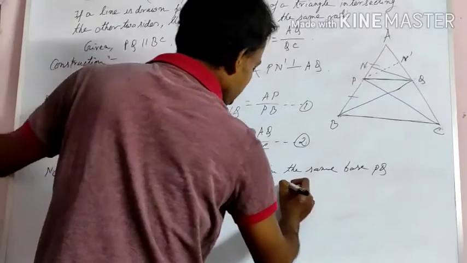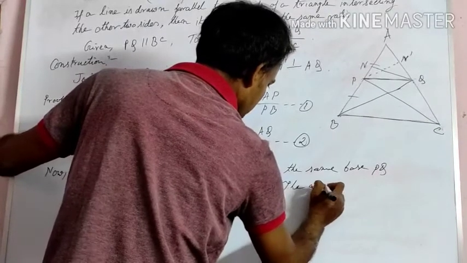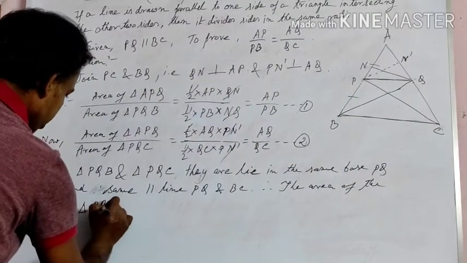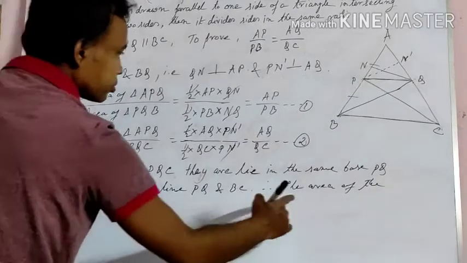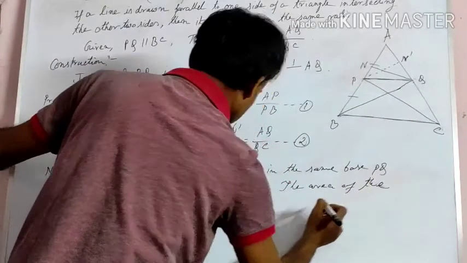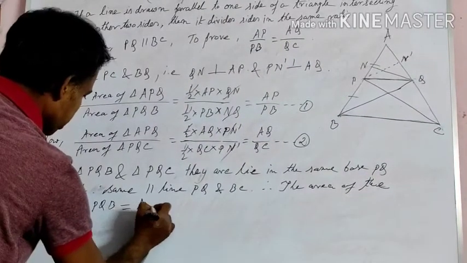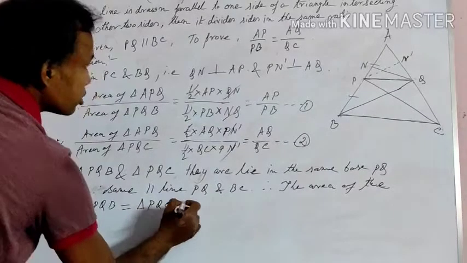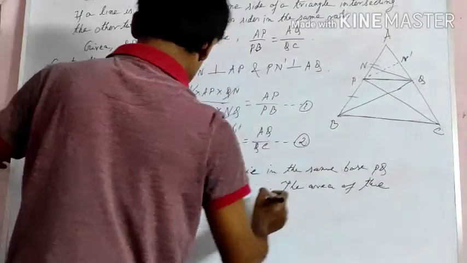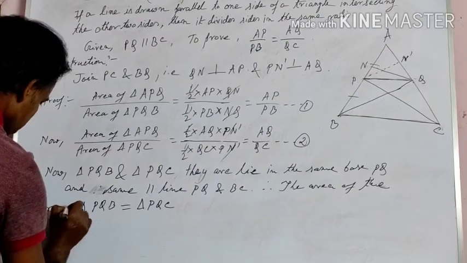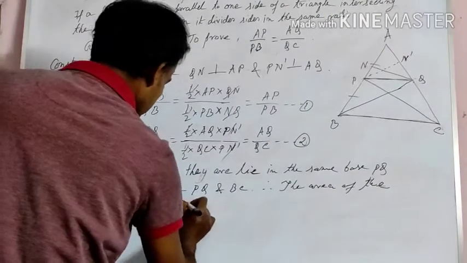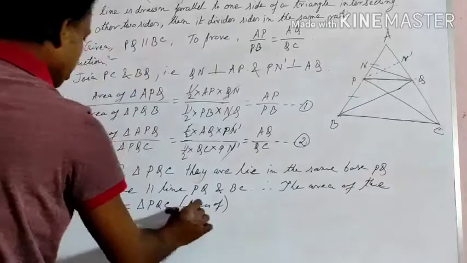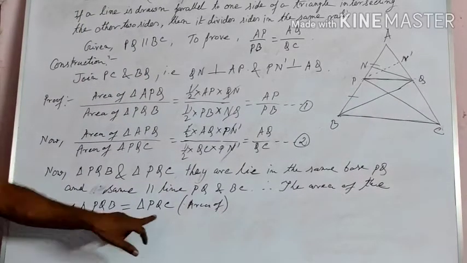Therefore the area of triangle PQB is equal to the area of triangle PQC. This is equation 3.